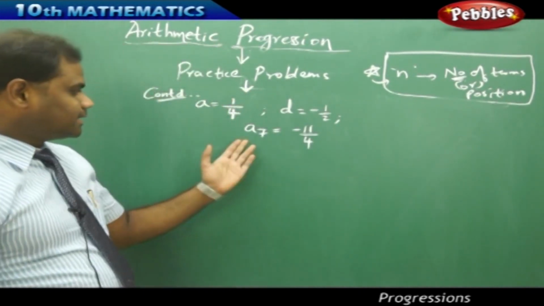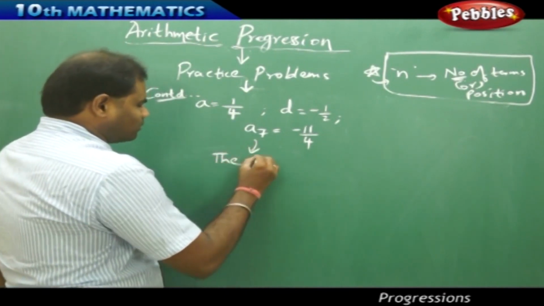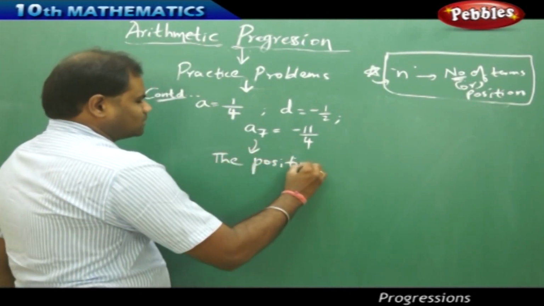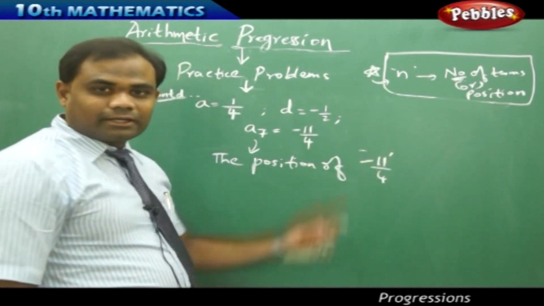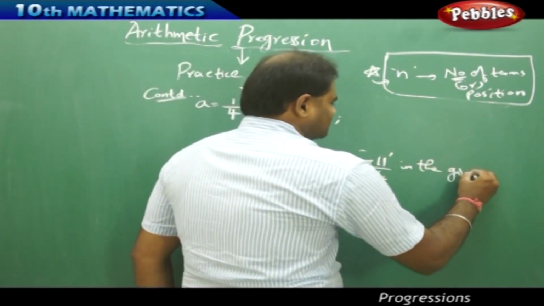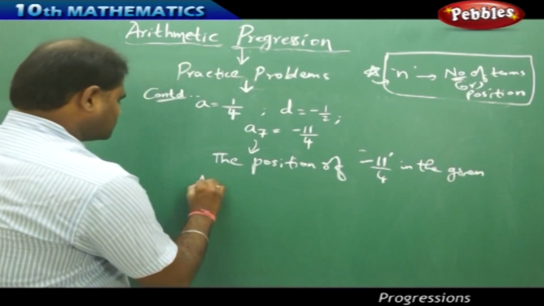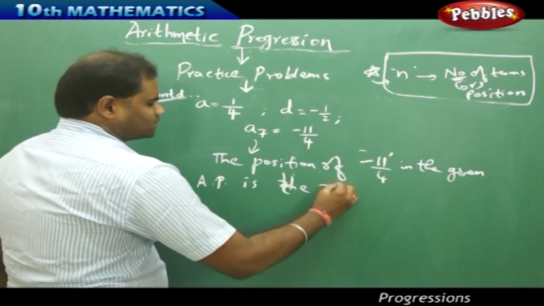Therefore, as I see, a7 is nothing but the seventh term, so the position of minus 11 over 4 in the given arithmetic progression is the seventh position.